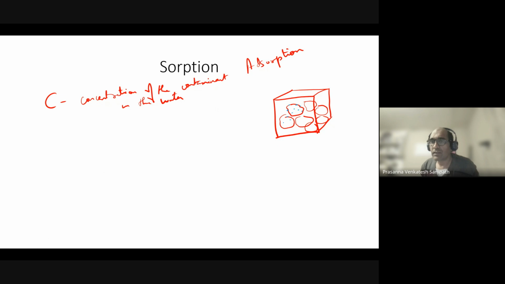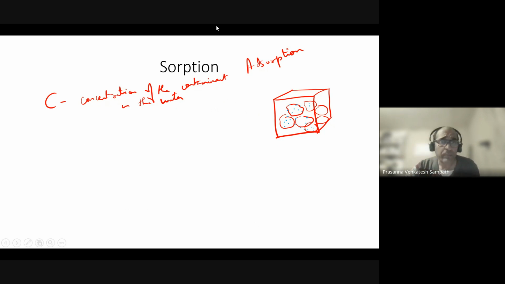Although I'm drawing some dots on the inside, you can imagine some kind of three-dimensional surface where these little blue particles that I've drawn are being attached to the surface of the soil. Maybe it was not a good idea to draw it inside, but I hope you understand what I'm trying to do. Some of these contaminants are getting adsorbed on the surface of the soil.